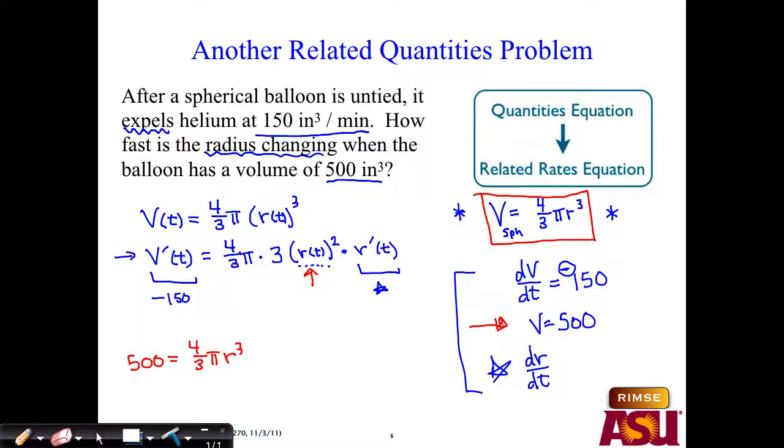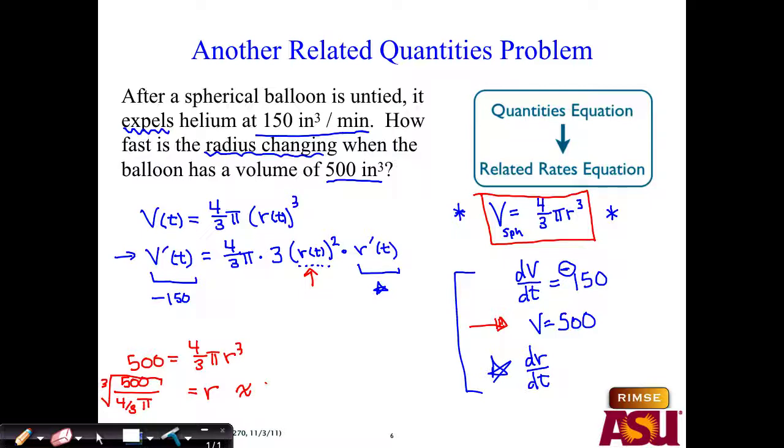It just needs to be able to do things like evaluate what this radius might be, which would be, in messy form, 500 over 4/3 pi, and then take the cube root, which I believe is approximately, I wrote this down earlier, let's see, 4.9.